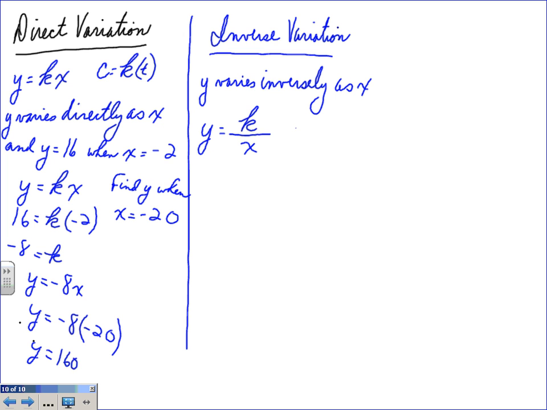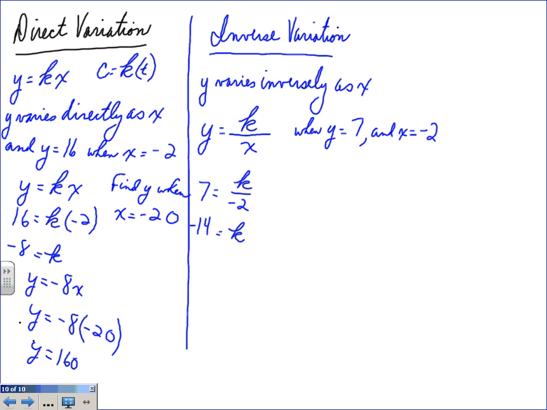First of all, they'll say when y equals 7 and x equals -2, find the inverse equation. So we'll put 7 in for y, we'll put in -2 for x, and we find our constant would be -14.